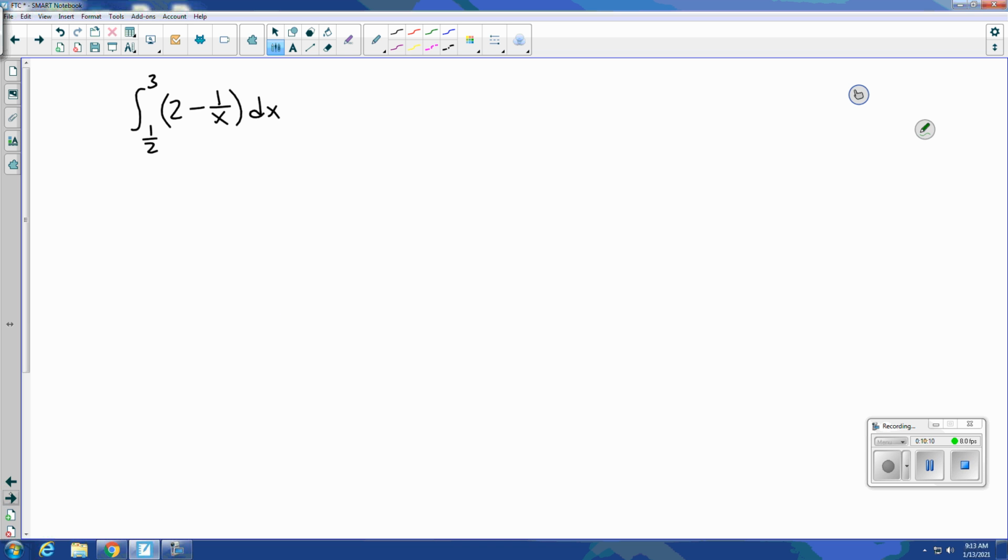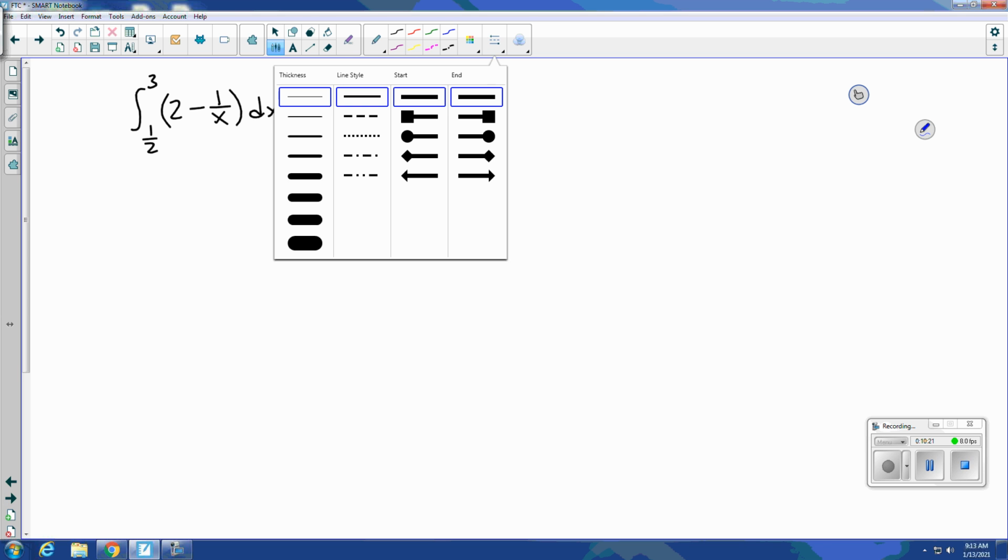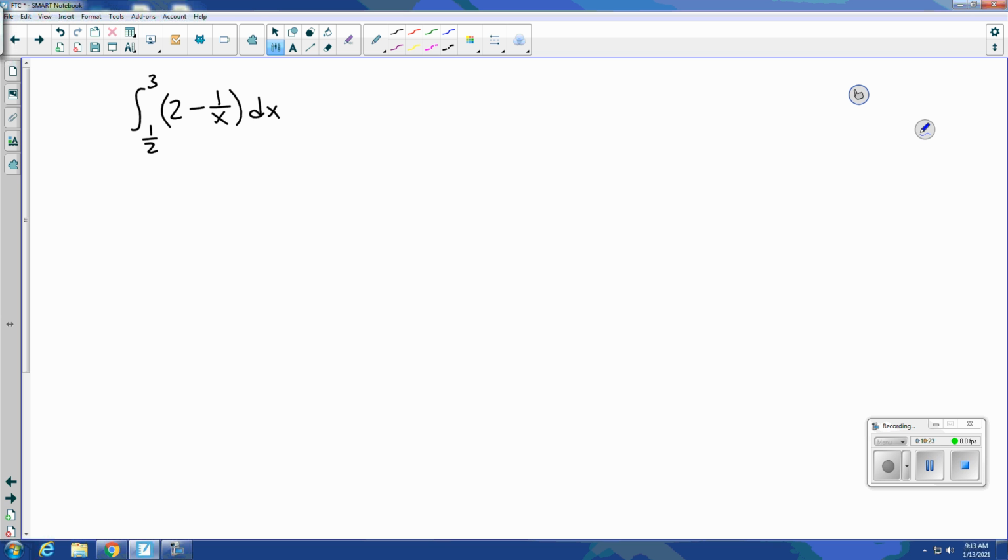So when we jump to this next example, we can apply that. To evaluate the definite integral, we have lower and upper bounds. We're going to find the antiderivative, evaluate it at the upper bound and the lower bound, and find the difference. So what's the antiderivative of 2 minus 1 over x? Well, the antiderivative of 2 is 2x. The antiderivative of 1 over x we just brought up is ln x.